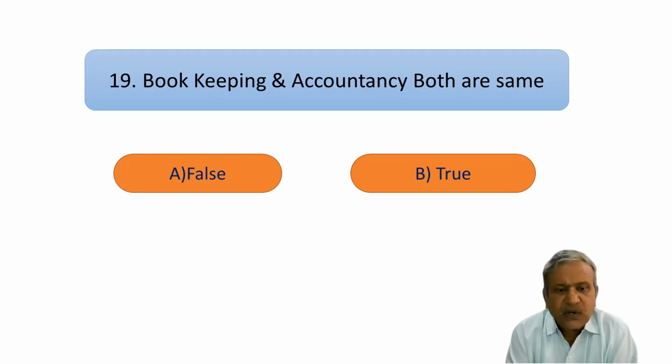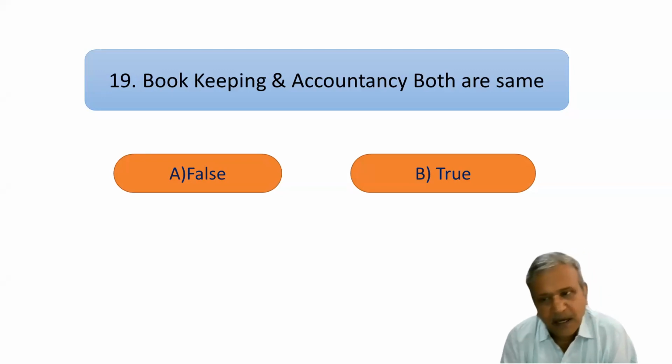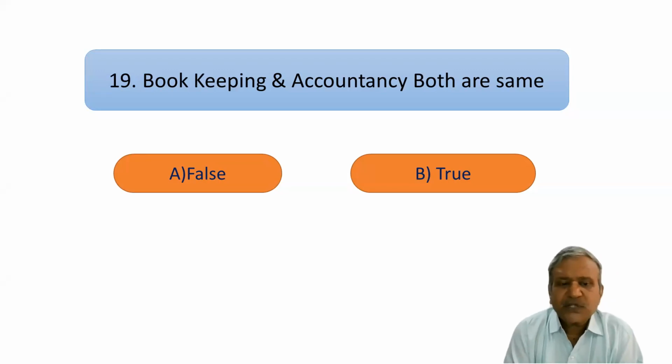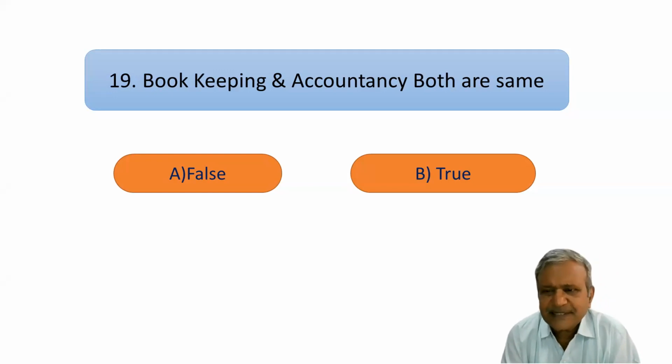So that's the reason. Bookkeeping means keeping or maintaining the books of accounts, but with arithmetical accuracy, and all the figures and amounts correctly posted. Then only the trial balance will tally. Most of you in our course have made many trial balances.